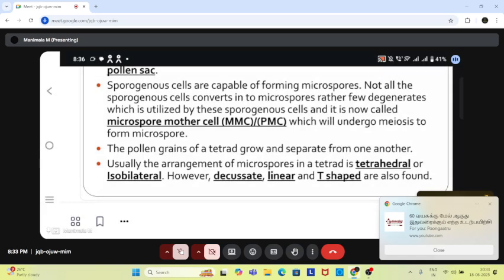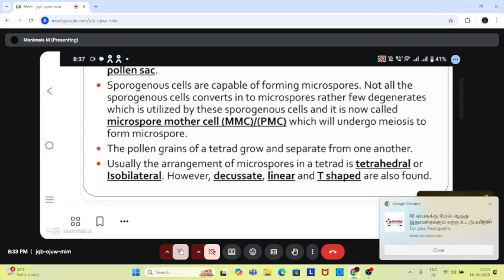Each microspore mother cell, or primary mother cell, undergoes meiotic division, giving rise to a tetrad of four haploid microspores. That is, pollen grains are formed.